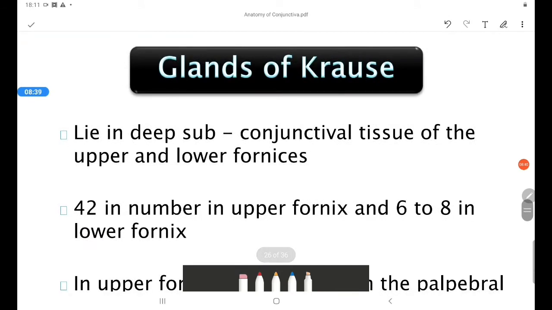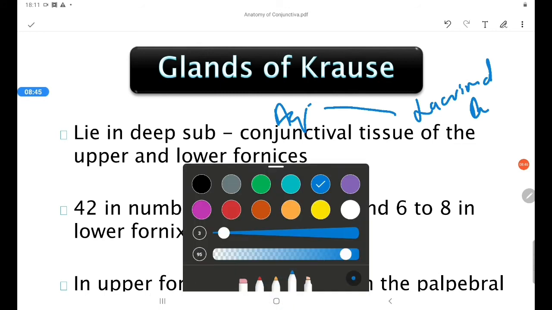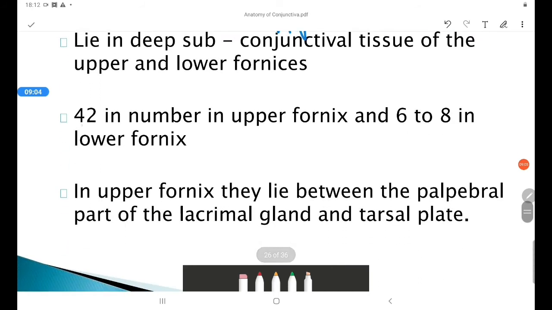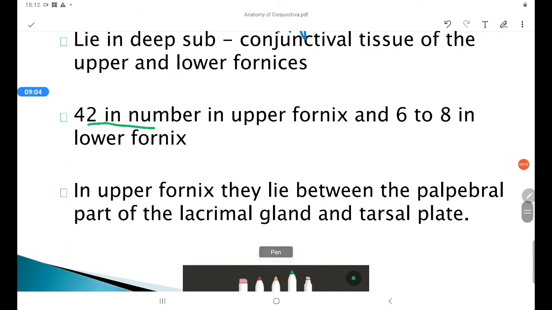Now come the two most important glands, that is the glands of Krause, which we have already seen as the accessory lacrimal gland, which means they produce the aqueous layer of the tear film. And we should know that they are in huge number in the upper fornix, around 42 in the upper fornix and just a few in the lower fornix.